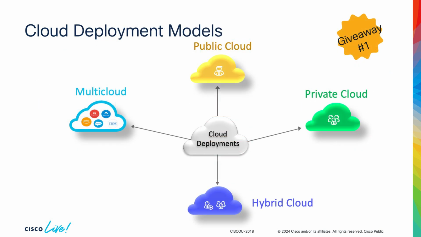So, deployment model. How do different customers like to deploy the different cloud services, and how would they get connected to those cloud providers? So we have the public cloud, where you get connected over the public internet to use specific services from a specific service provider.